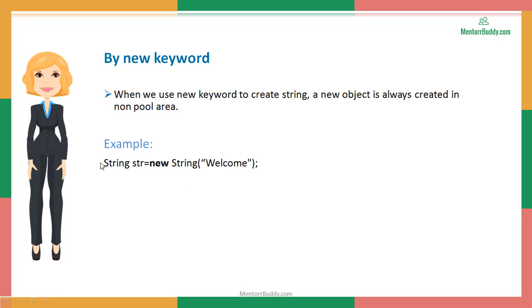So we give the String class name, reference variable, equals operator, followed by the new operator, followed by the class name, and here we can give the value of the string object. Whenever we use the new keyword, at least one object will be created for sure, and that will be in the non-pool area. Now let us see the memory allocation for a string object created using the new keyword.